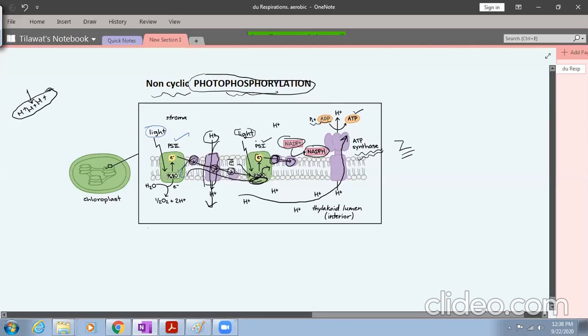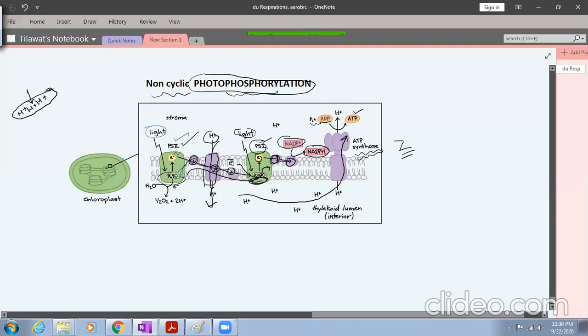Now, one question remaining with us is this. When an electron from photosystem 1 gets excited, that gap was filled by the electron coming from photosystem 2. But what will happen with photosystem 2, because it lost an electron and is now ionized, chlorophyll A now has a charge?